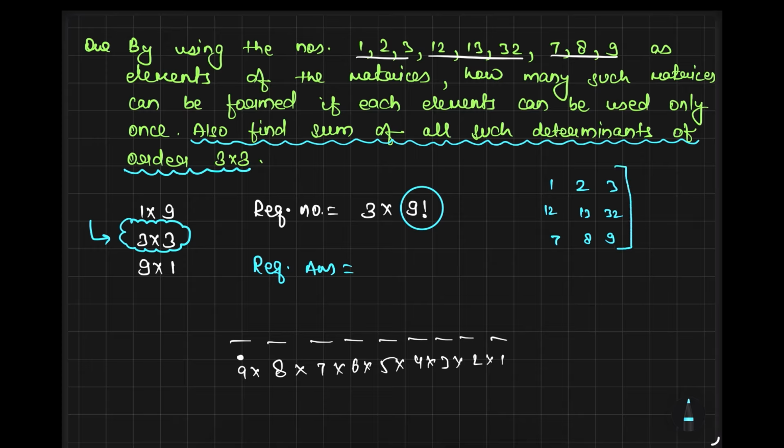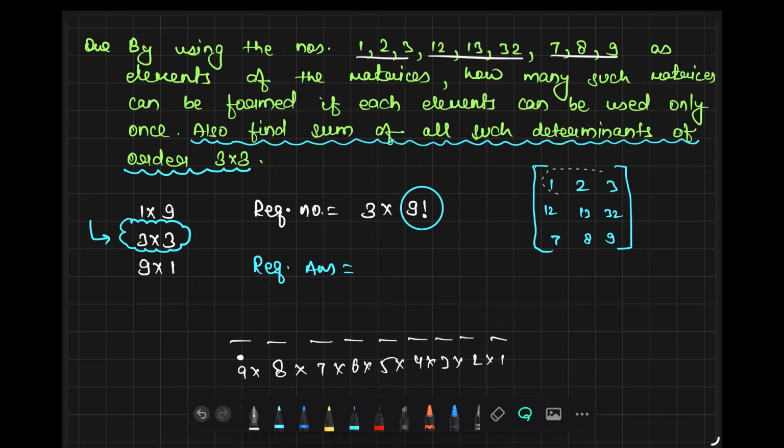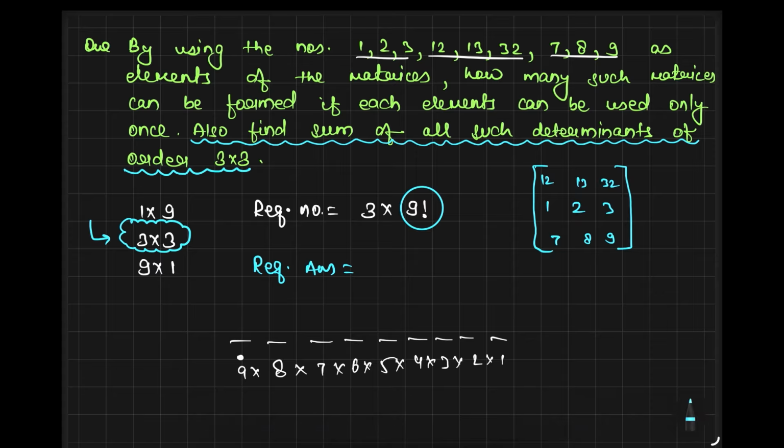Suppose you know how to find the determinant of this matrix. Now just tell me, among all those matrices, don't you think we can have this matrix as well? So don't you think that the determinant of the previous matrix and the determinant of this matrix will sum up to 0? Why? You know that there is one property.